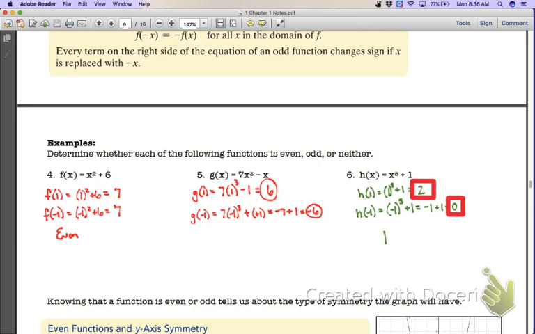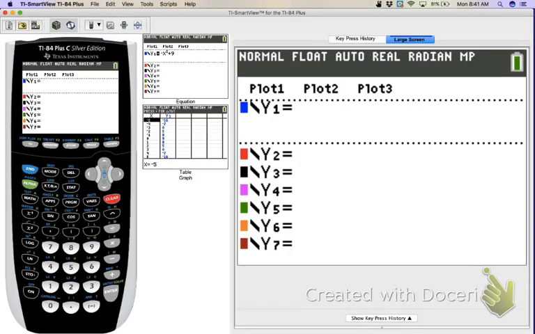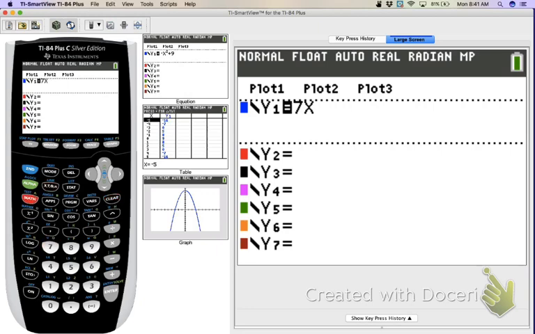I forgot to put that this one was odd. So basically, what do things look like? What was it? It was 7x to the 3rd, and then minus x, right?